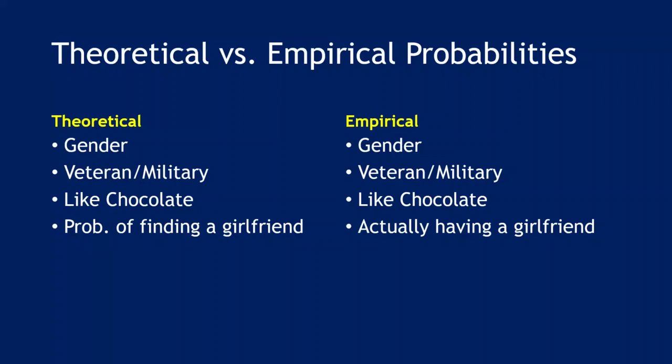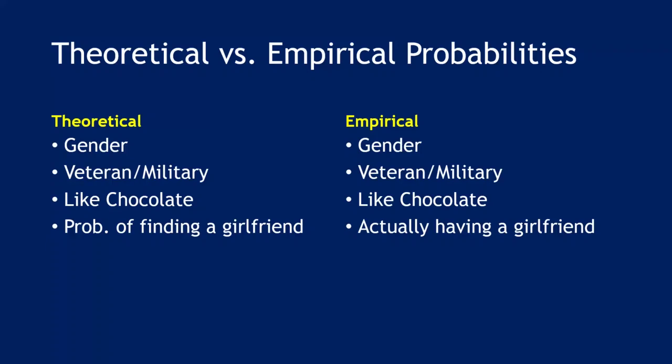Think about the veteran military distribution in our class. If we survey our students, we will probably get a percentage that is different from the theoretical probability that we read from prior research.